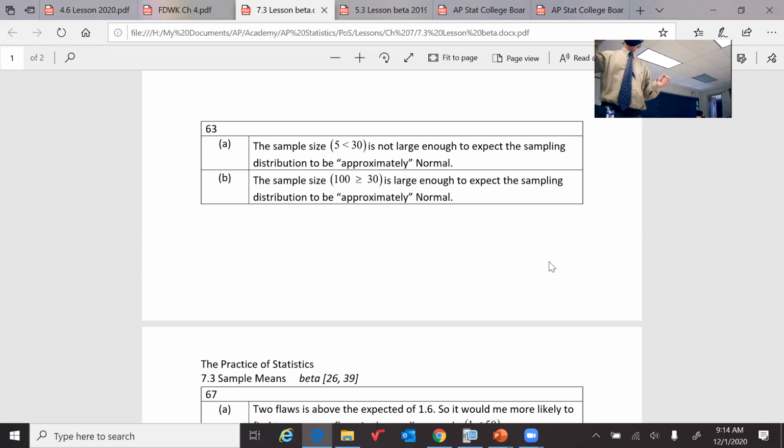If the sample size is 5, you expect the sampling distribution of those means to be skewed right. If the sample size is 100, that's going to make your sampling distribution of sample means approximately normal. Make sense? The picture looks like this.